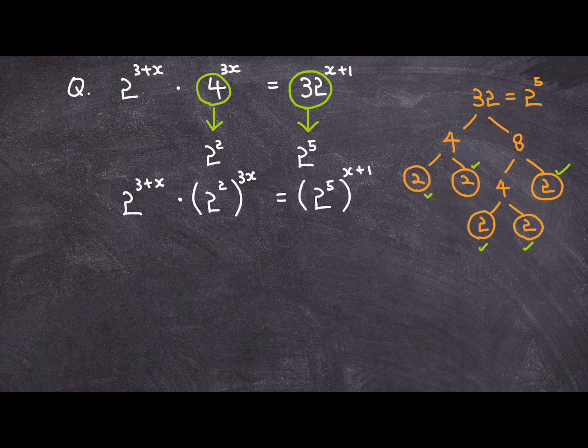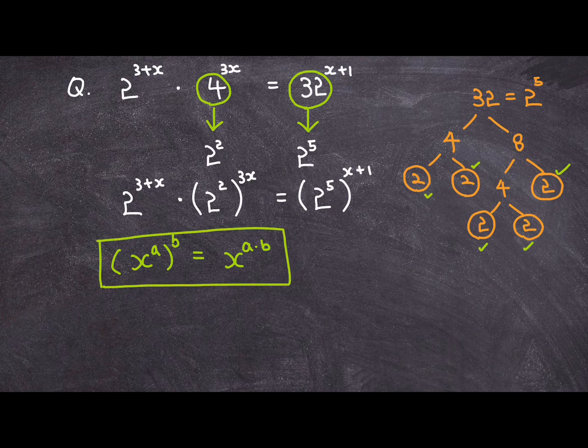Now at this point, you need to know the exponent rule that goes like this. If you have x raised to the power of a, raised to the power of b, what do you have? You have x raised to the power of a times b. Now with this rule in mind, let's solve this one out.